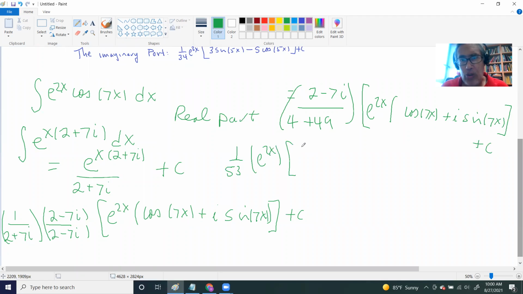So then we have a 2 cosine 7x. And then we have a minus 7 times an i is, i times i is negative 1, negative 1 times negative 1 is 1. So it's going to be plus 7 cosine. Screwed that up. Let's erase that. That's going to be a sine there, of course. I make mistakes sometimes. So let's see here.